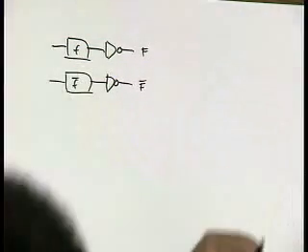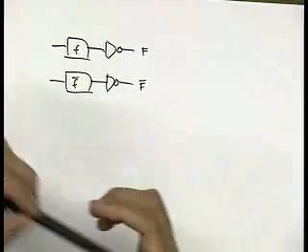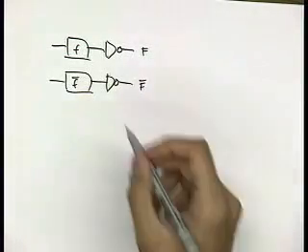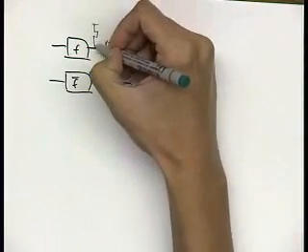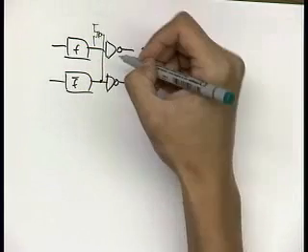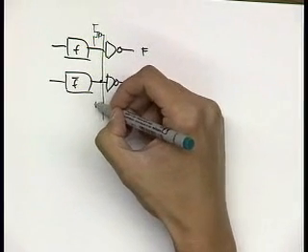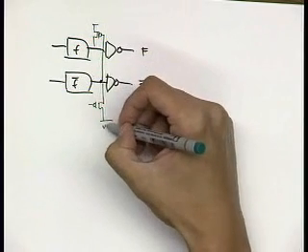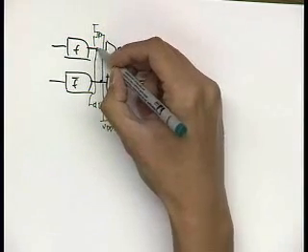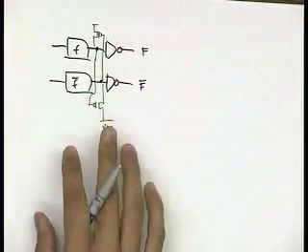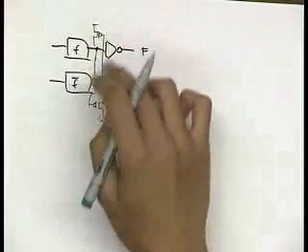Now the thing with this is you can easily do level restoration here, because you already have the complement here. I can do this. This is connected to VDD as well. I can do this. So I can restore the levels.